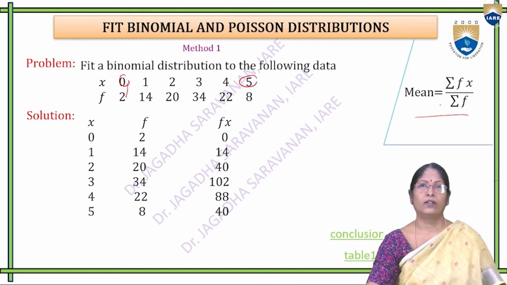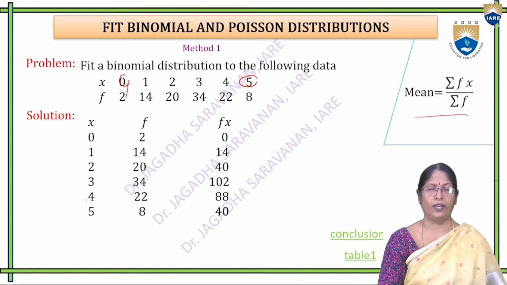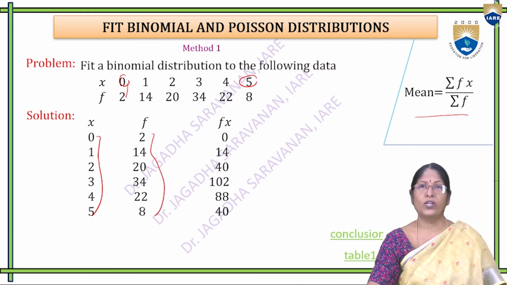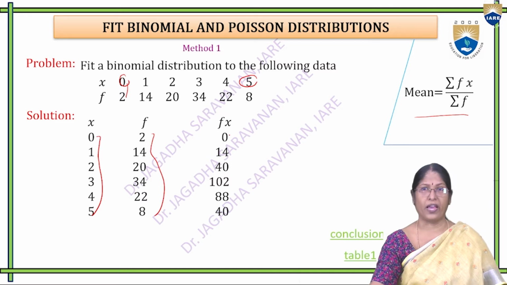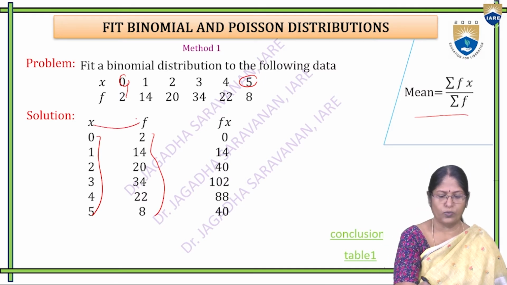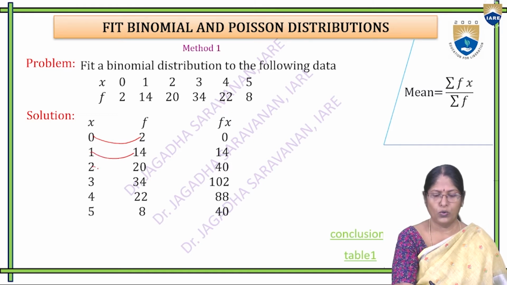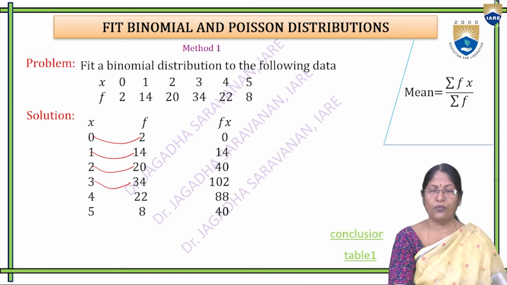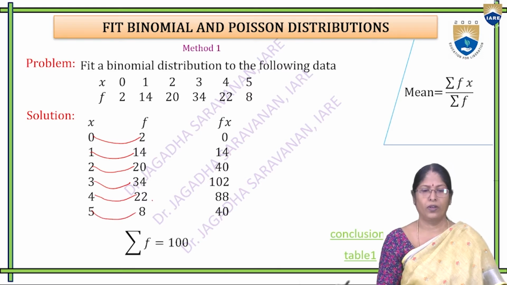The x data given horizontally in the question, we list vertically, along with the frequency; there are 6 data values from 0 to 5, 0 included. Then fx, we multiply both: 0 into 2 is 0, 1 into 14 is 14, 2 into 20 is 40, 3 into 34 is 102, 4 into 22 is 88, 5 into 8 is 40.